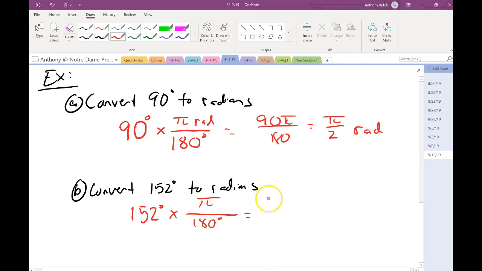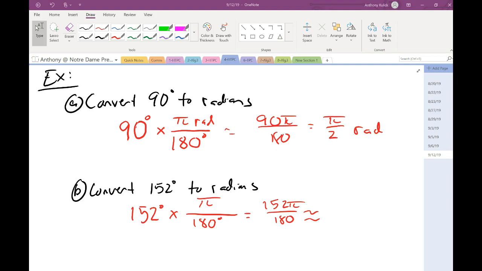Same as before. So I get 152 over 180. And here, the reducing is much less nice, right? We could still reduce this a little bit and represent this as a fraction in terms of pi, but we could also type this into our calculator and represent it as a decimal.